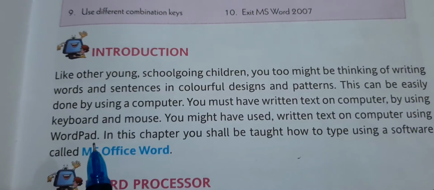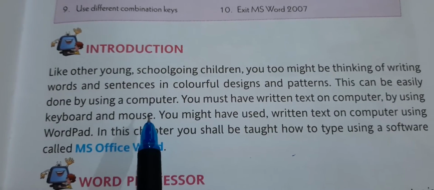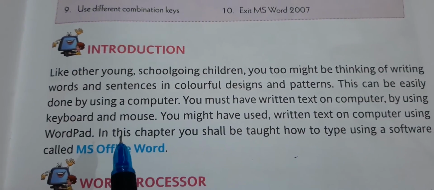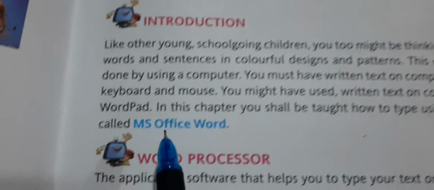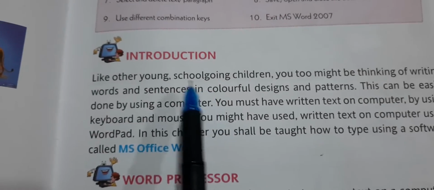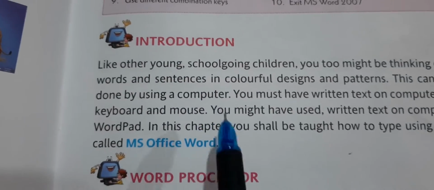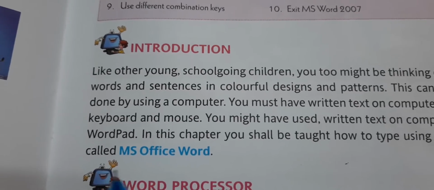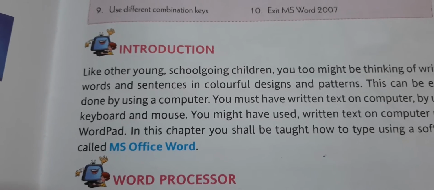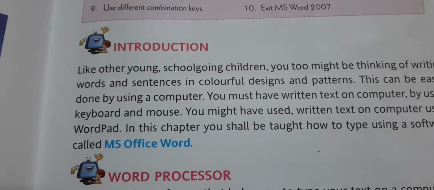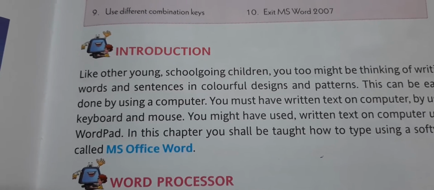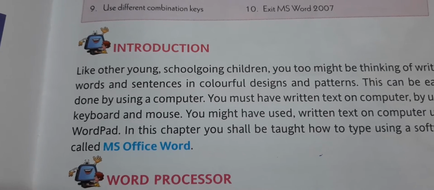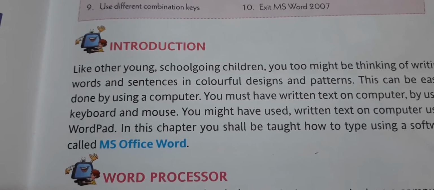So the introduction is that if you see this page, you will see various colors being used here, pictures being used. At times we feel like writing in this manner because when we start writing, children, it is usually in a single color, like you are writing using pencil, so it is plain text on a plain paper.